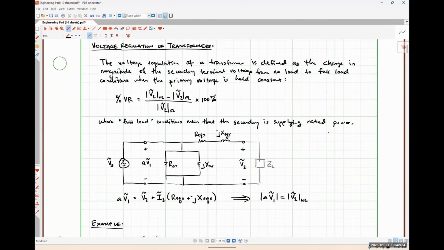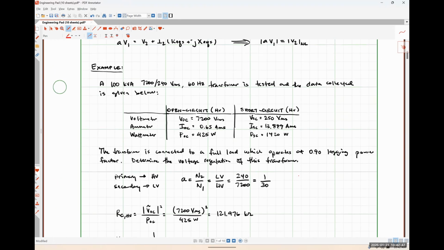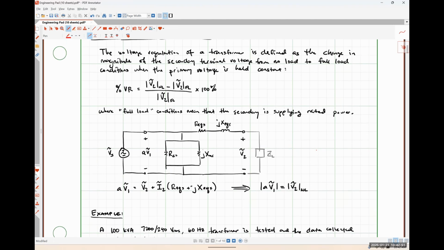So ultimately, what we need to figure out is 16.426 ohms. So our ultimate goal in this problem is to figure out the voltage regulation, okay?